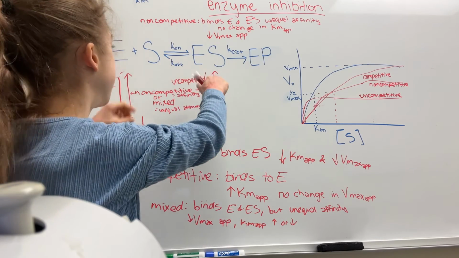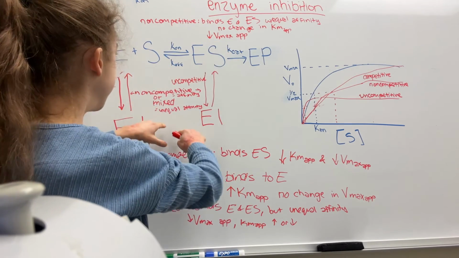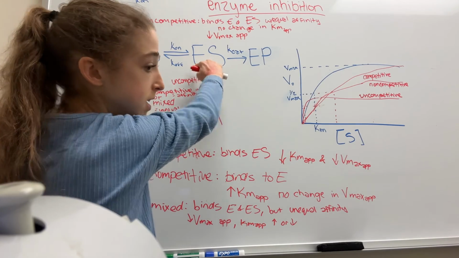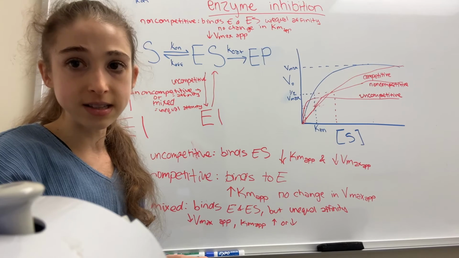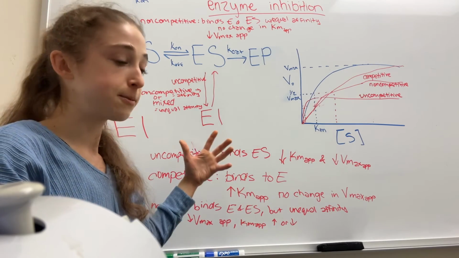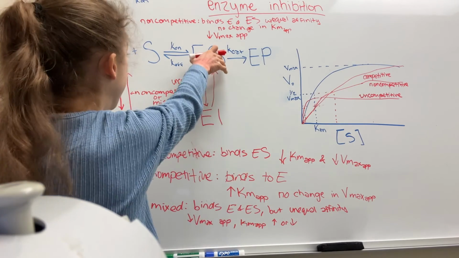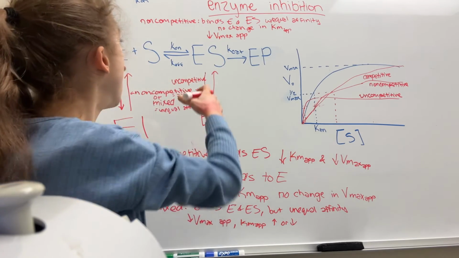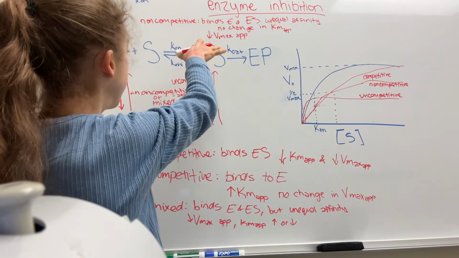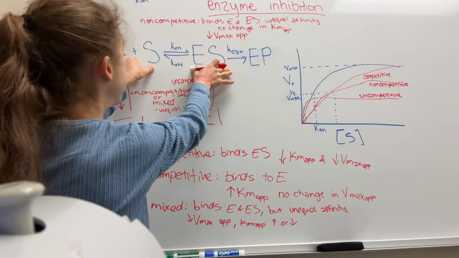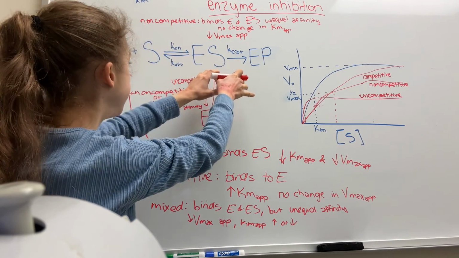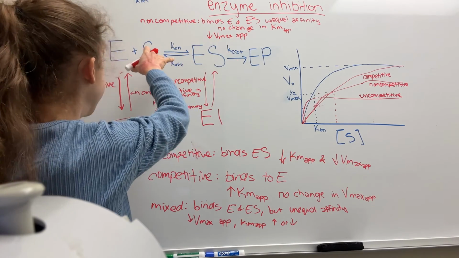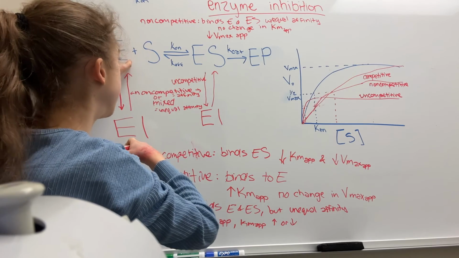In the case of a mixed inhibition, it's binding to the enzyme alone and the enzyme substrate complex, but it's doing so with different affinities. Therefore, it's kind of like a mix of your uncompetitive and your competitive in terms of trying to figure out whether our Km is going to go up or down. You have to think about what's the bigger component. Is it more of the uncompetitive side where it's binding to this enzyme substrate complex, or is it more of the competitive side where it binds to the enzyme alone?